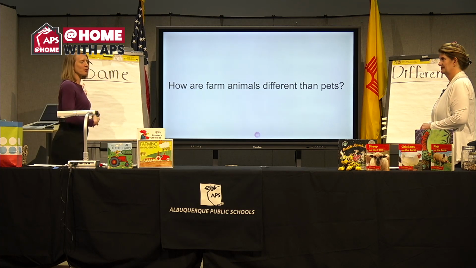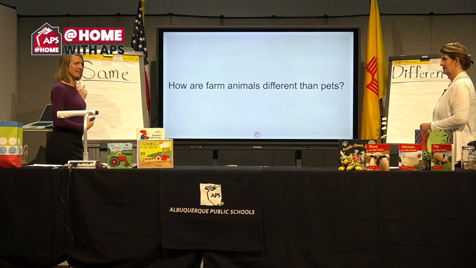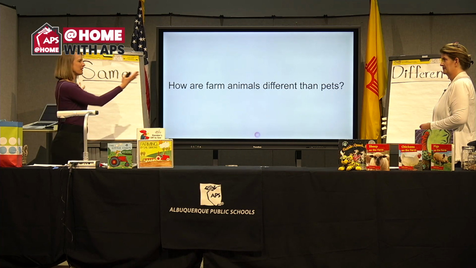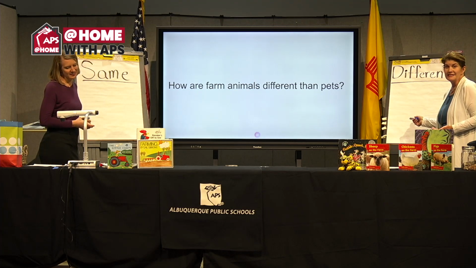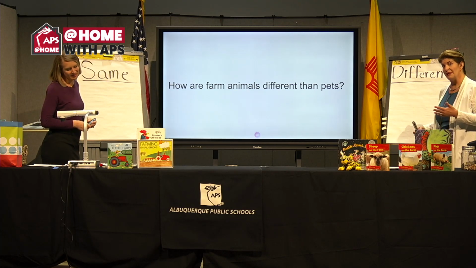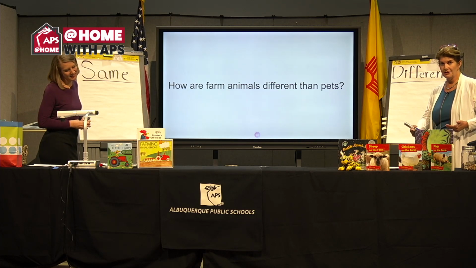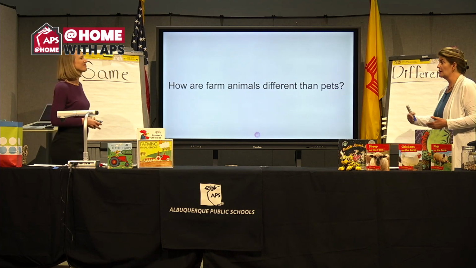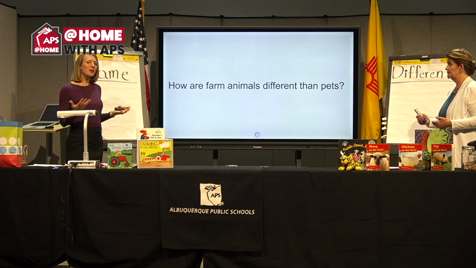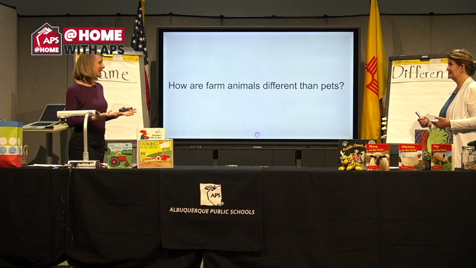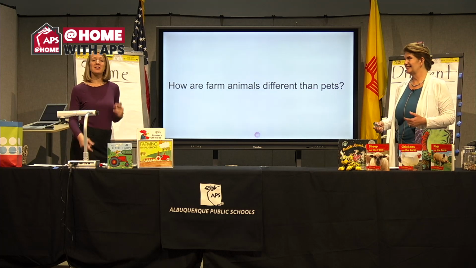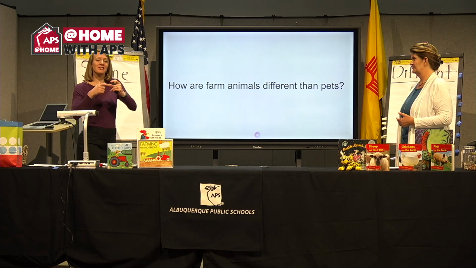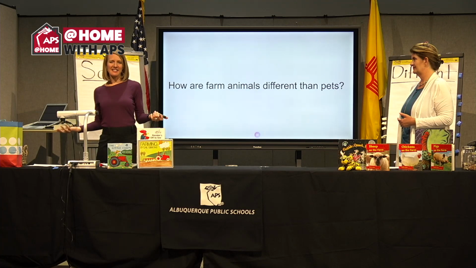On this chart, I'm going to be writing down or drawing things that are the same between farm animals and pets. Miss Mary, what does your chart say? Mine says different, which means that on this chart, I will be either writing words or drawing pictures that show things that are different. And we're going to encourage you to practice this same activity at home by providing some sentence frames for you to practice your ability to talk about similarities and differences.